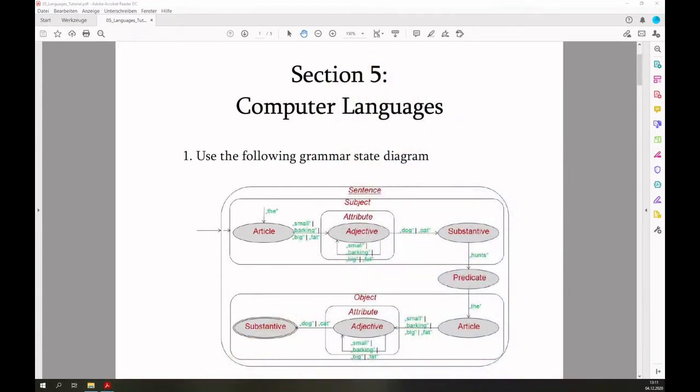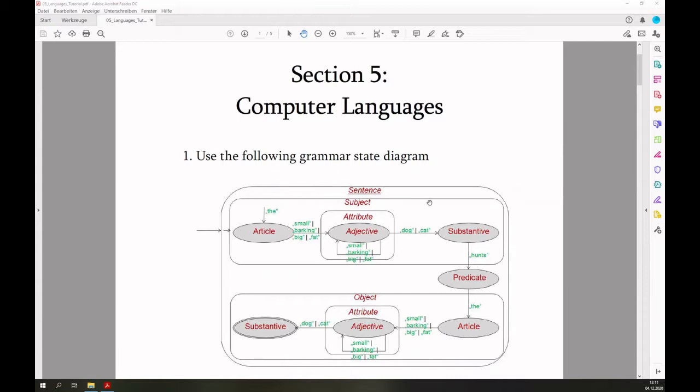The first question uses the state chart which we saw in the lesson, defining a very simple language of one sentence structure where we can create several other sentences from.